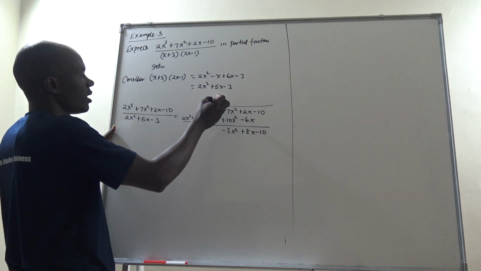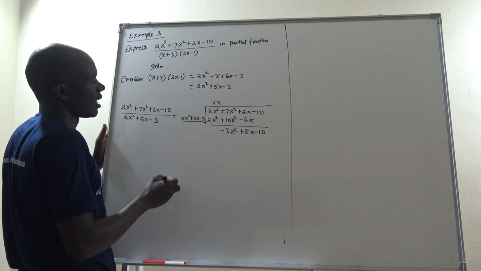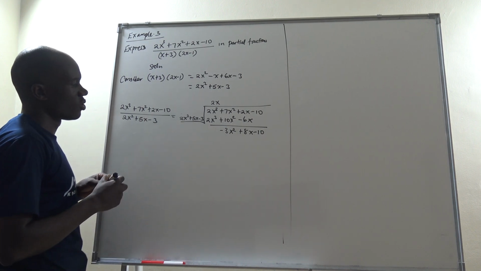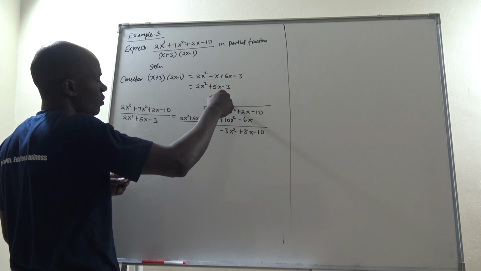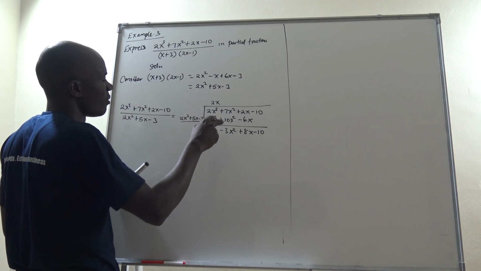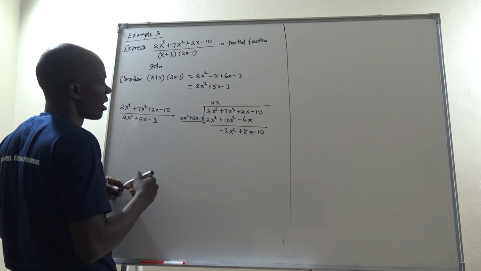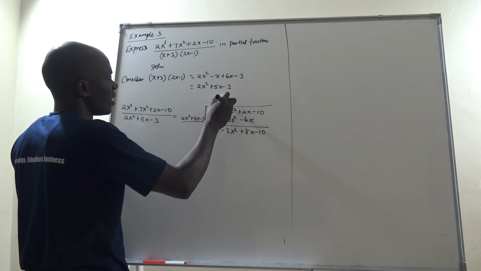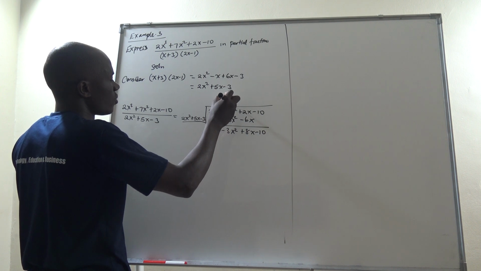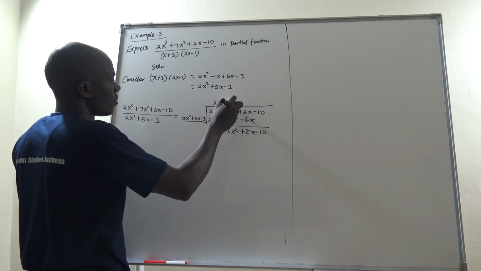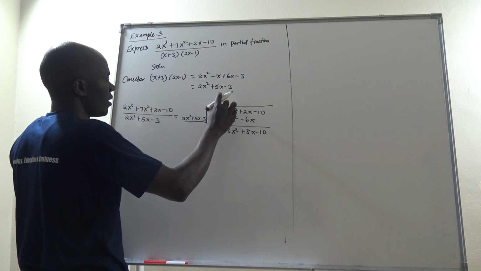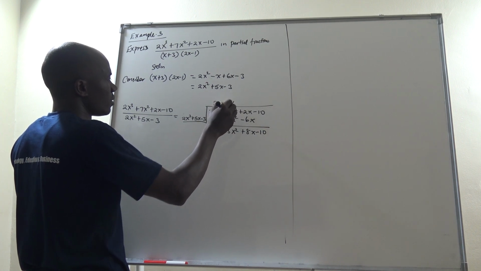Which number am I going to put here so that when I multiply with 2x squared, I come out with this? It can be 3 out of 2, negative 3 out of 2.